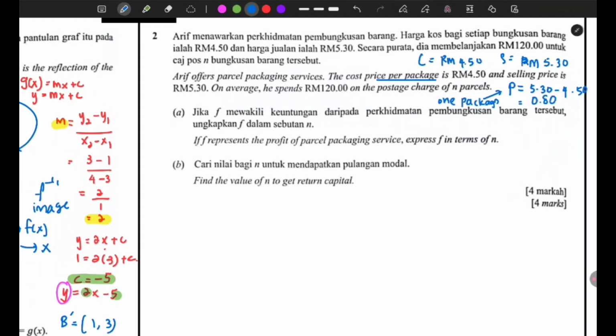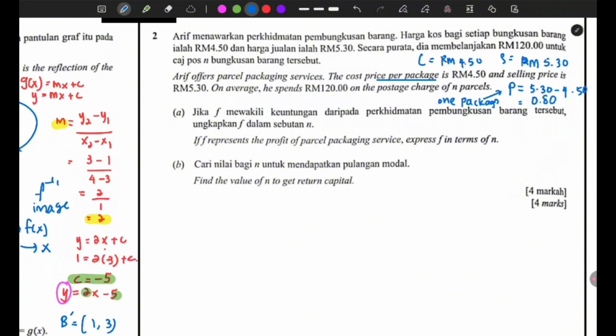So what's the profit that you earn? 10 ringgit lah, correct or not? Because the cost is 10 ringgit, you sell 20 ringgit, so 20 you minus 10, you get 10 ringgit. Same thing for this also lah. The cost that you take to prepare a package is 4 ringgit 50 cent, and you sell to the customer 5 ringgit 30 cent. So the profit that you earn is 80 cent. So that's for one package.